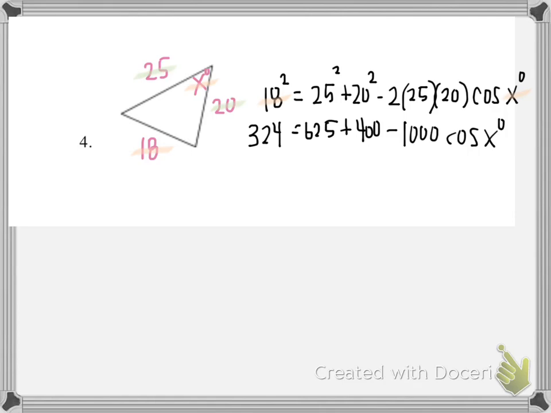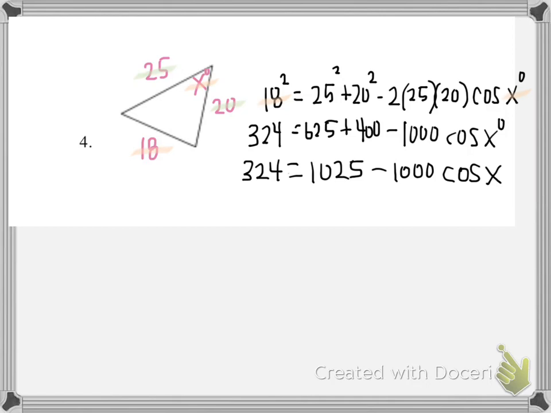So 625 plus 400 is 1025, minus 1,000 times cosine of x.